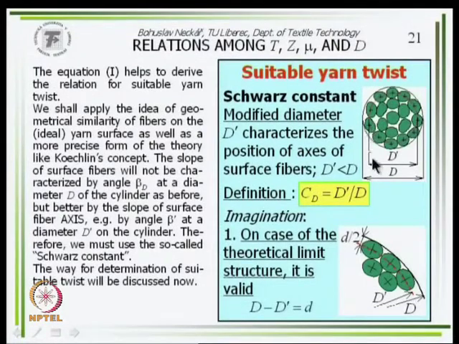Schematically, this is a yarn cross section. Diameter of our idealized, of course, yarn is d. But the axes of peripheral fibers are lying on a little smaller diameter. At the moment, I call it d dash.